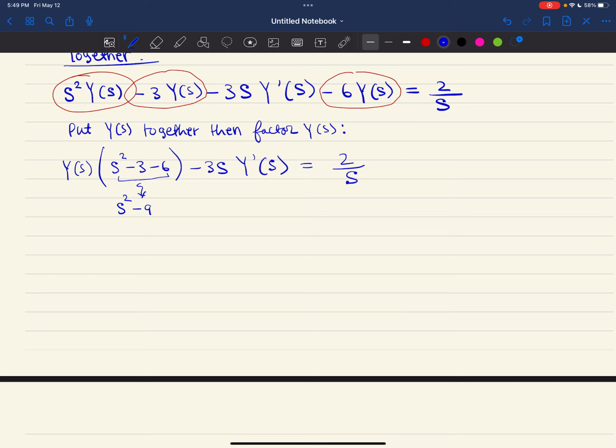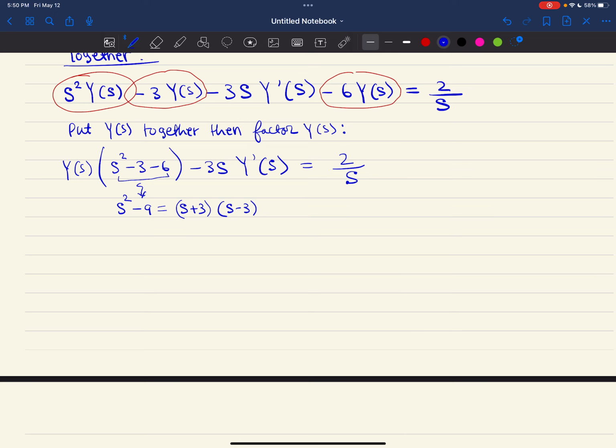That's going to be s plus 3 times s minus 3. If you multiply them together, you would end up with this value.